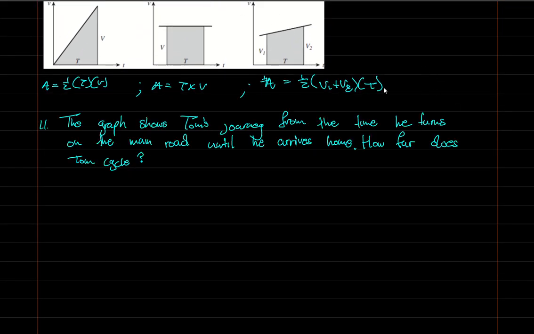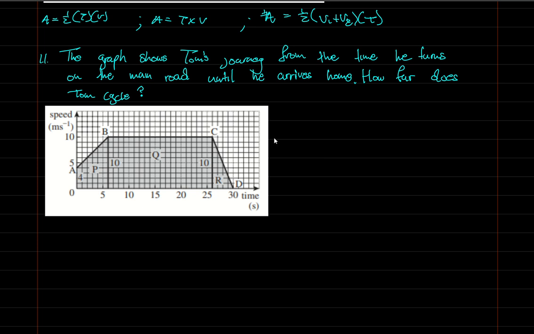Now on example 1.1, we are being asked how far does Tom cycle? If you read through the problem, the graph shows Tom's journey from the time he turns on the main road until he arrives home. So how far does Tom cycle? As you can obviously see, this graph has quite a number of shapes inside it.